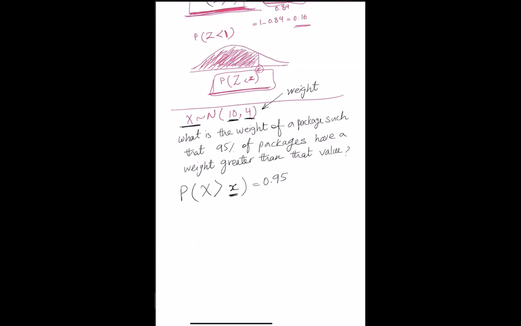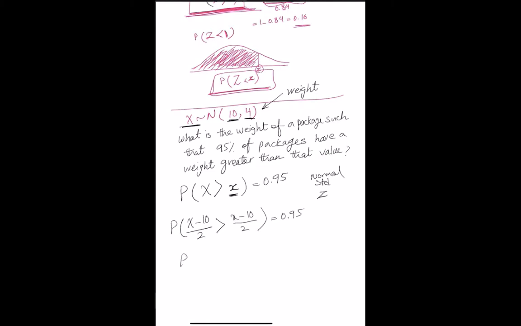We change it to a normal distribution first. We change it to a standard normal, Z. So I say, okay, probability of (X minus average) divided by sigma, which is 2, is greater than (x minus 10) divided by 2, that's 0.95.